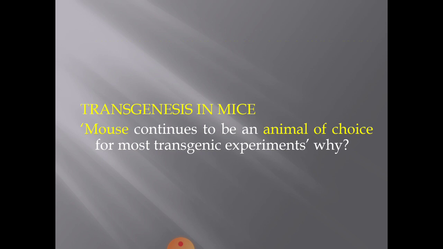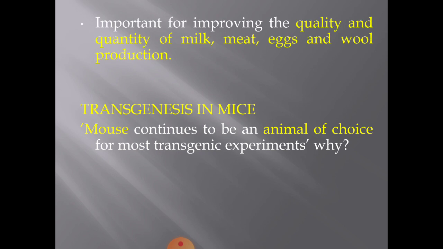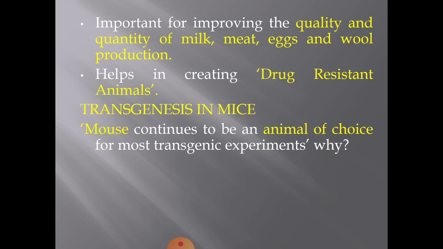Okay. Then transgenic animals are important for improving the quality and quantity of milk, meat, eggs and wool production that human beings normally use, which are of either food value or used for other purposes. It helps in creating drug resistant animals. So these are the significance of transgenic animals.